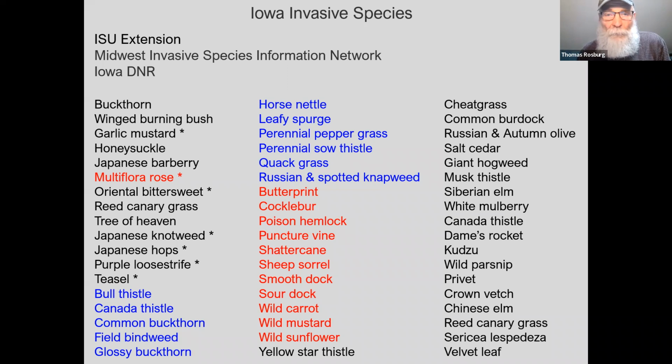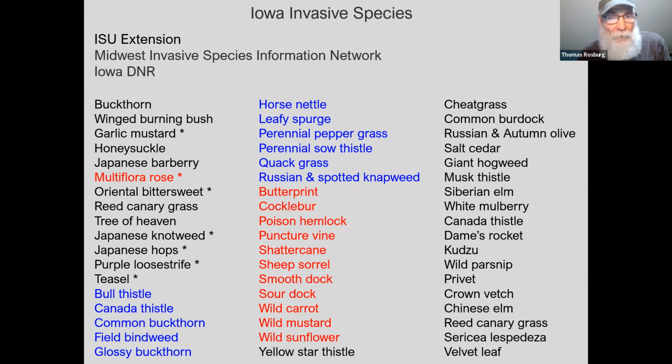The Midwest Invasive Species Information Network qualified the list with some classes or categories. The species that are in blue font there are identified as primary noxious weeds. That's a category that's given to a species by the state.